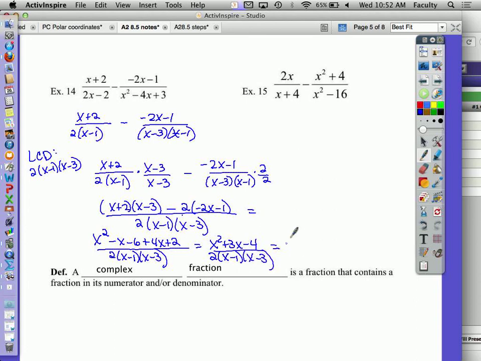Alright, now try to see if that numerator is going to factor. It does. And I've got a common factor that's going to cancel this time, which we hadn't seen quite yet. So your final answer should be x plus 4 over 2 times x minus 3.